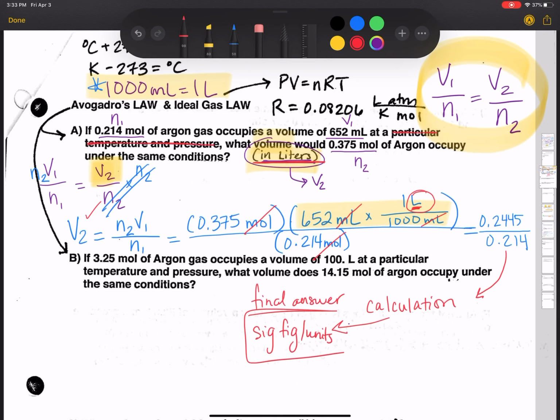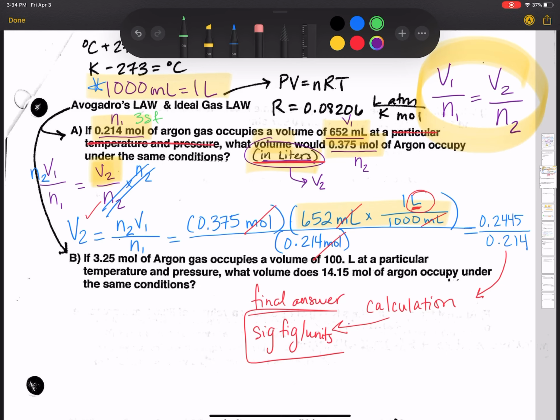Just in case you need a moment to review sig figs, I'm going to go ahead and take time to do that right now. So looking back at my question, I'm going to use all the data that was provided for me. I have 0.214 moles. This only has 3 sig figs. I also have 652 milliliters and 0.375 moles.